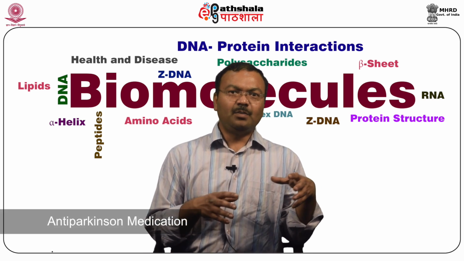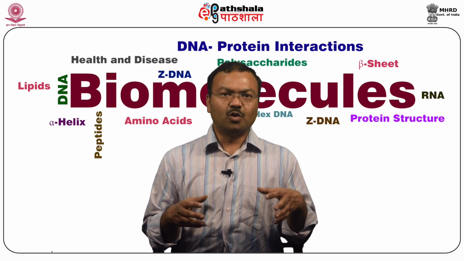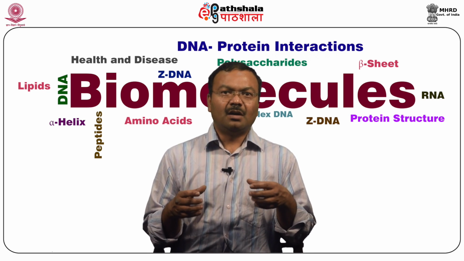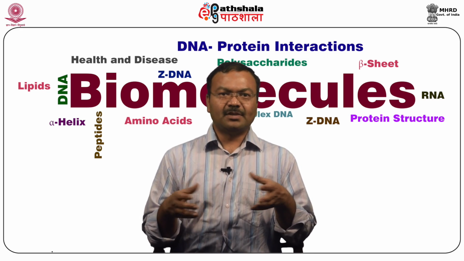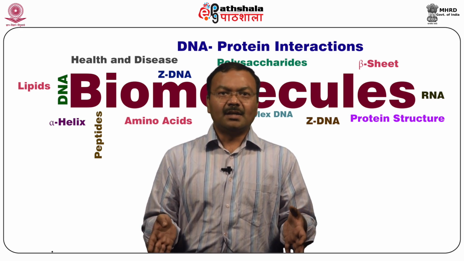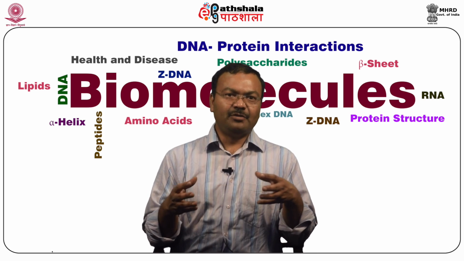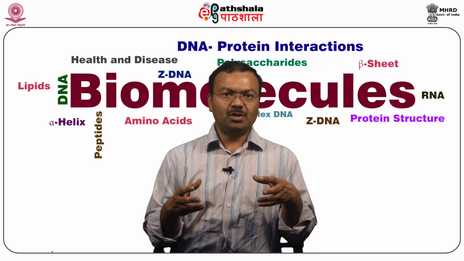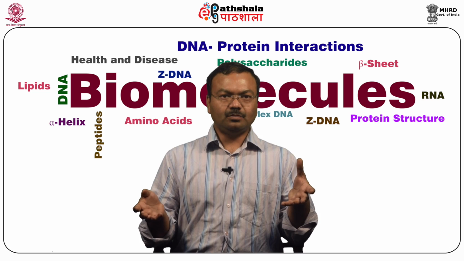Generally, the anti-Parkinson medication is a dose of L-DOPA and dopamine agonists to improve the early symptoms of the disease. As the disease progresses and dopaminergic neurons continue to be lost, these drugs eventually become ineffective.